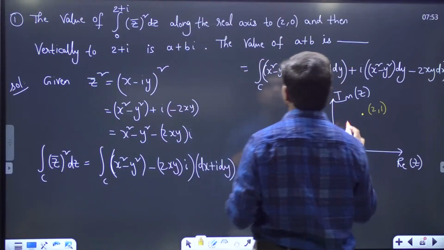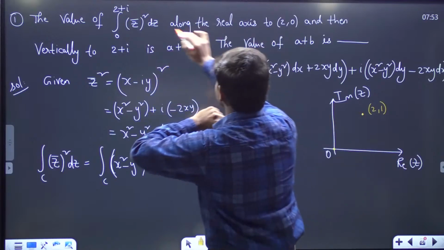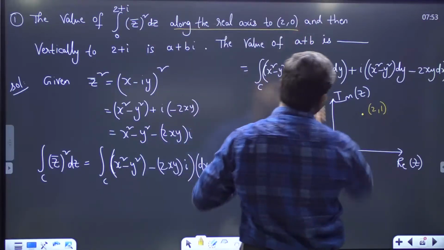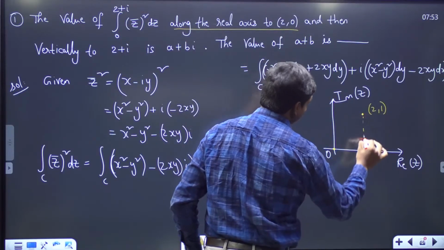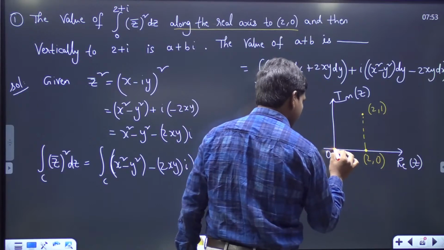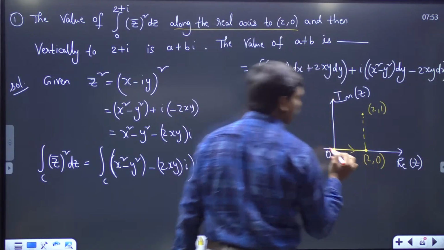So if this is 2 comma 1, now he is defining the path by this statement. See, the path is the value of this integral from 0 to 2 plus i along the real axis to 2 comma 0. So first this point 2 comma 0, the path that is specified is along the real axis to 2 comma 0.